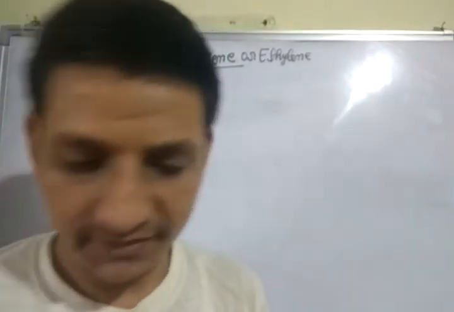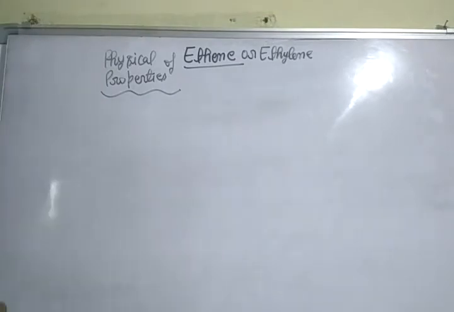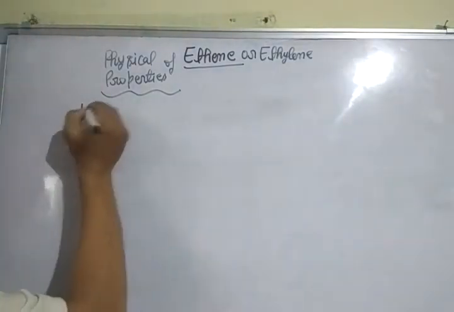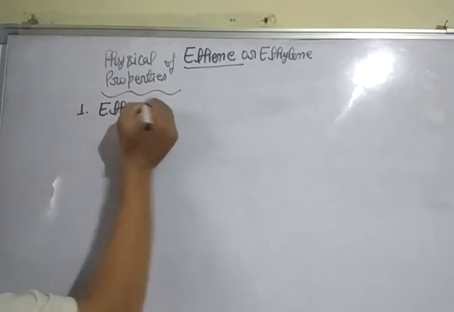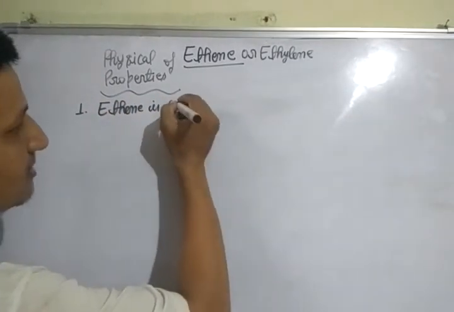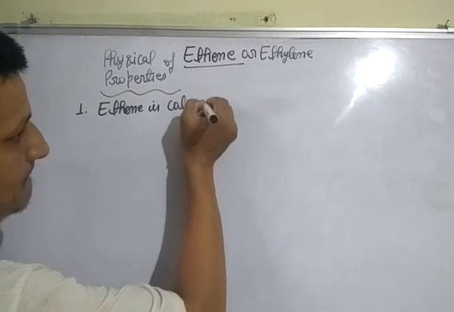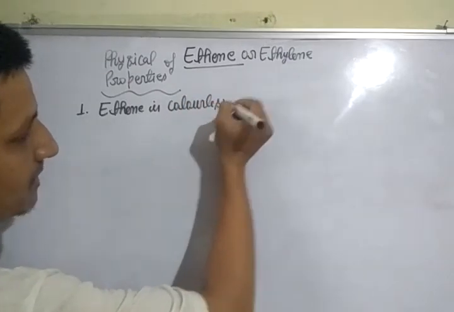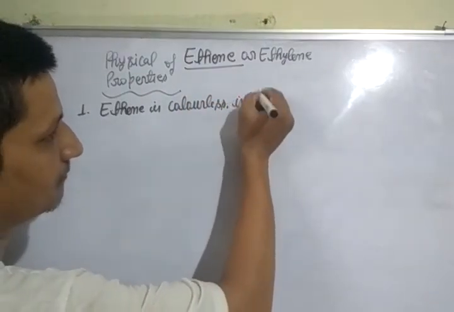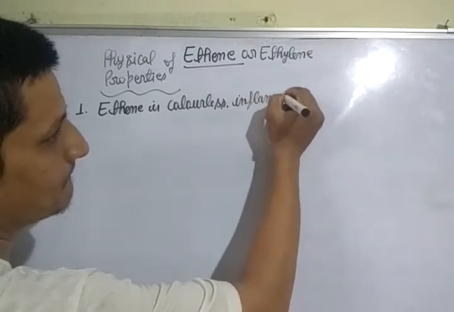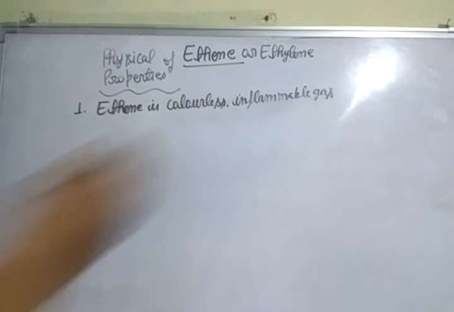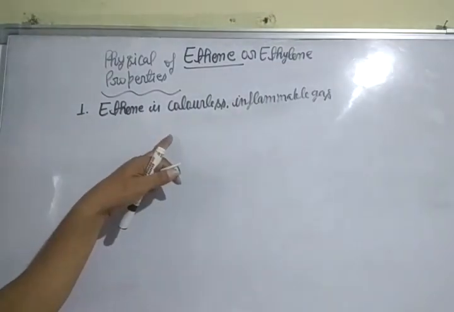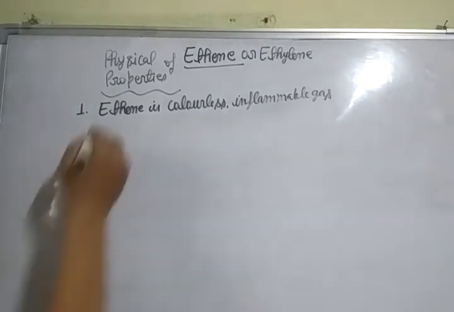Physical properties of ethene are: number one, ethene is a colorless, inflammable gas with a peculiar odor.